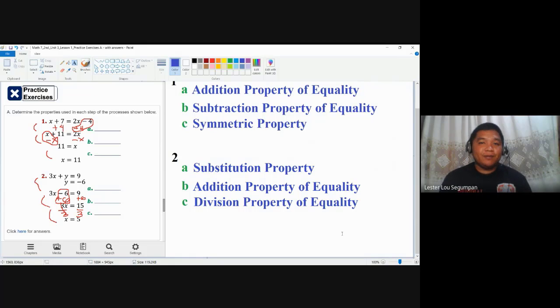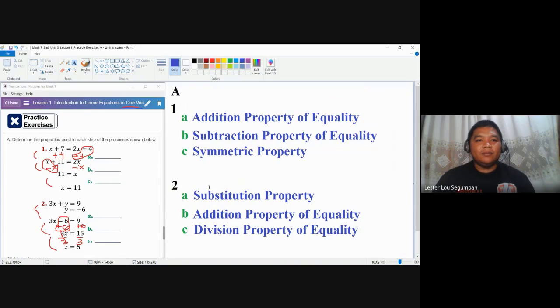The purpose of this practice exercise is to emphasize and acknowledge that in every process, a property of equality is being applied to retain the equality. Because if we do not retain the equality, we are changing the linear equation to a linear inequality. So these are all the answers for practice exercise A of lesson number 1.